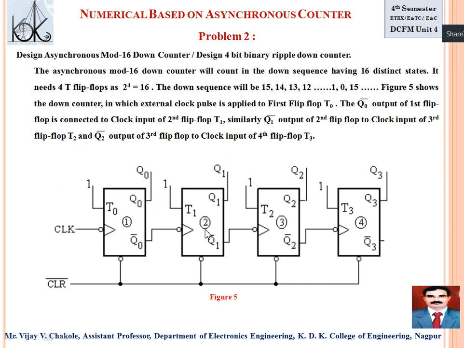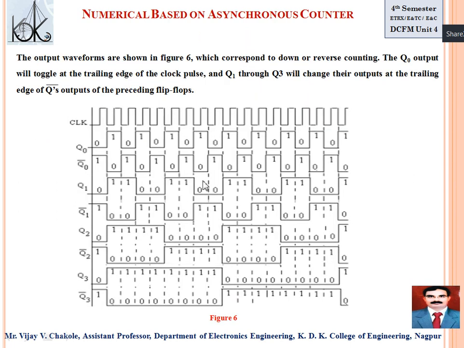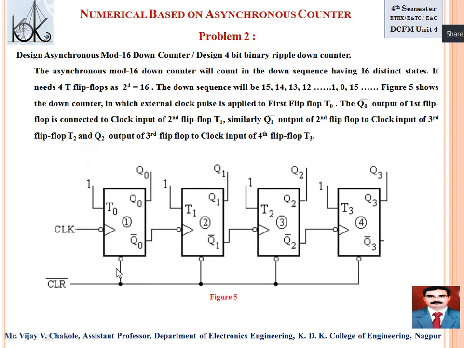That I have shown in this waveform. So initially, before this negative edge comes, Q3 is 0, Q2 is 0, Q1 is 0, and Q0 is 0. But at the same time, Q3 bar is 1, Q2 bar is 1, Q1 bar is 1, and Q0 bar is 1. When the first negative edge comes, what happened?